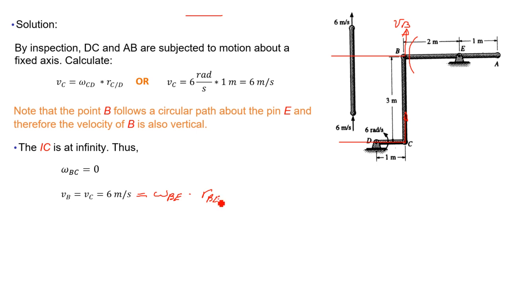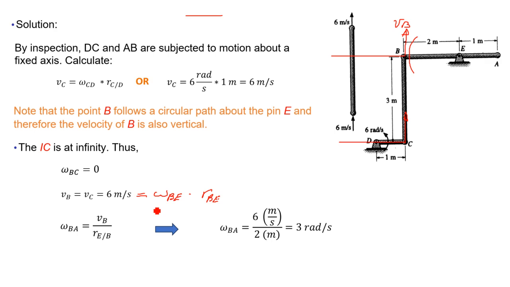So now I can rearrange this equation to find the value of the omega BE. The omega BE is going to be equal to the VB divided by the RBE. The RBE is 2, the velocity B is 6, so I can find that the omega BE is going to be equal to 3 radians per second.